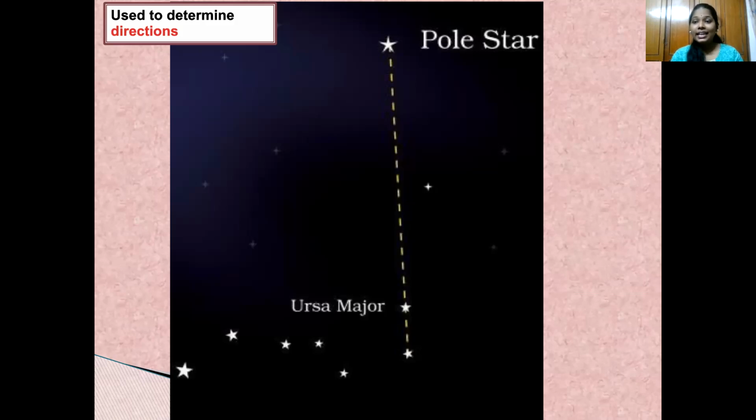If we take the northern point star of the Saptarishi and draw an imaginary line from it, we get the Pole Star, and that will indicate the north direction.